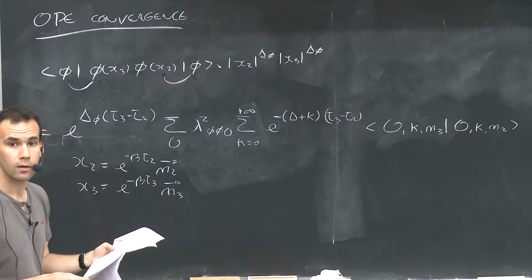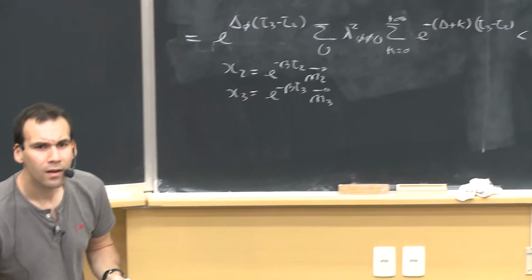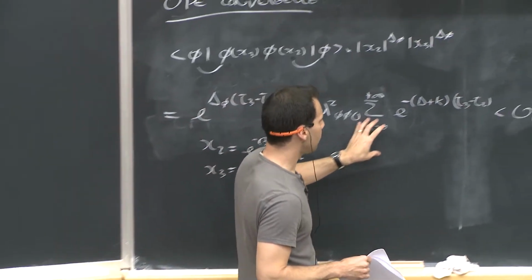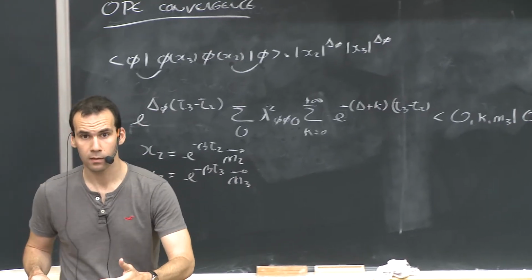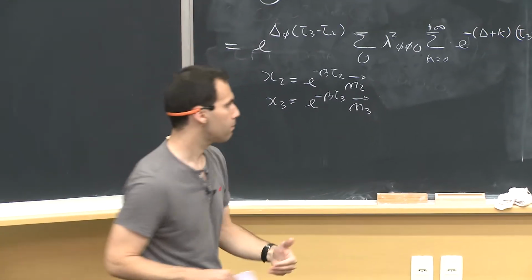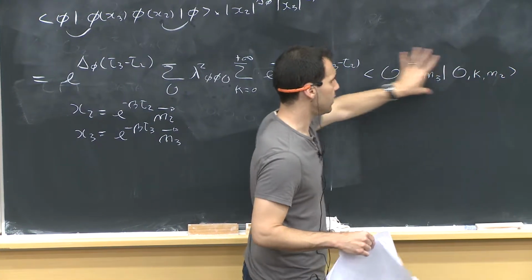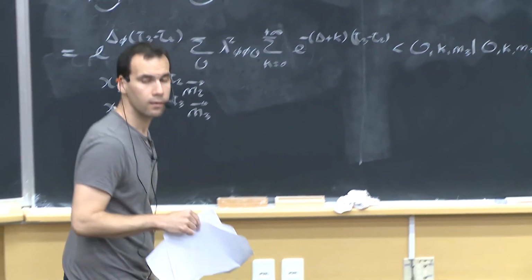Yes. So if you label your descendants just with K, how do you know how the degree is contracted? So K labels the level of the descendants. Yeah. Okay? Then information about angular dependence is all put into this element. Okay? And you can have different descendants with different contractions.